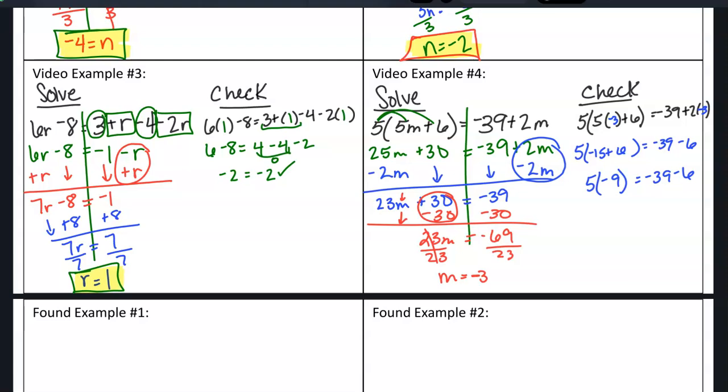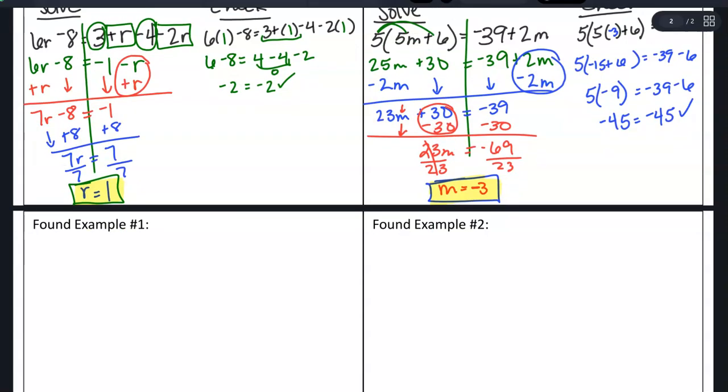Multiply 5 times negative 9 would be a negative 45. And negative 39 minus 6, same sign, add the numbers, keep the sign, it would be negative 45. Since negative 45 and negative 45 are the same number, our solution is correct. So we can put that stamp of approval.